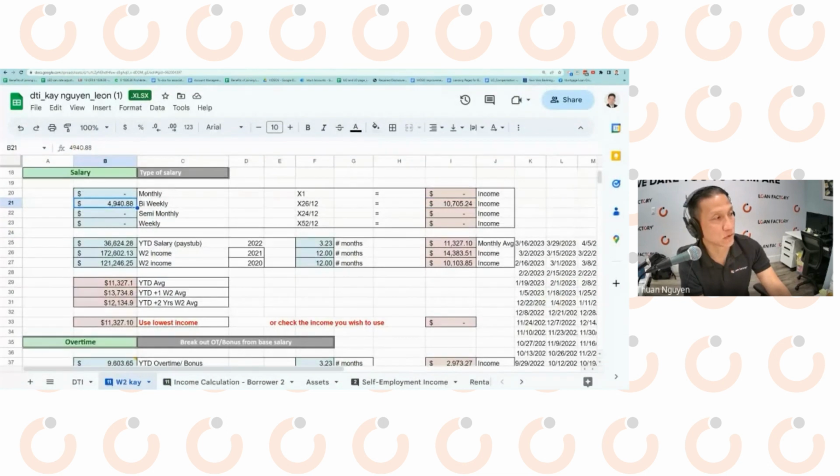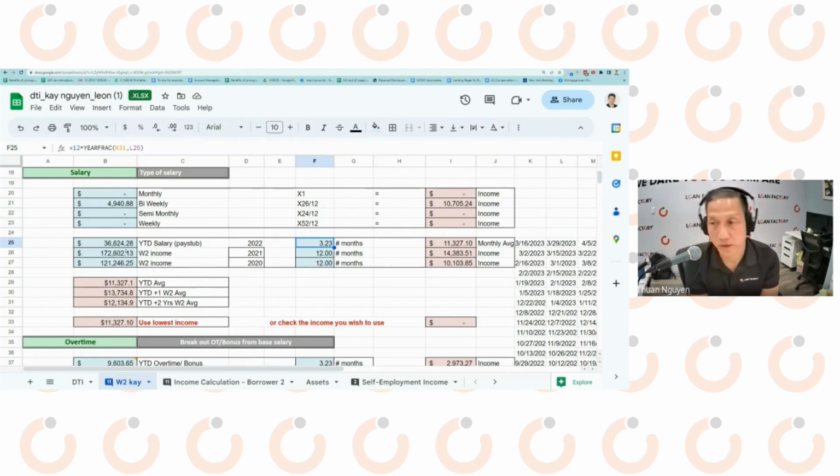Biweekly pay, 2 weeks, right? Multiply by 26, divide by 12. That is the monthly income. Exactly what I said earlier. And then the shift differential. The lender also uses the year to date in the calculation. And I think this one might be another section. Our underwriter will show you how to calculate this in detail.